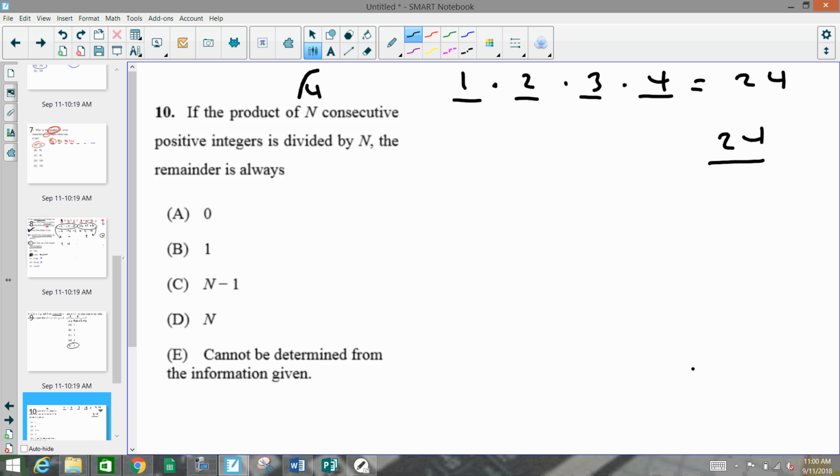What was n? 4 gives you 6. So the remainder is always 0. Whoa, I didn't say this is right. I don't know yet. We'll check. We'll analyze it.